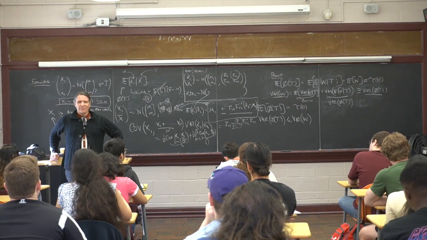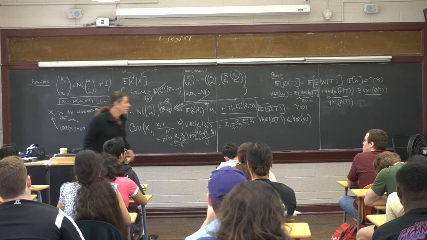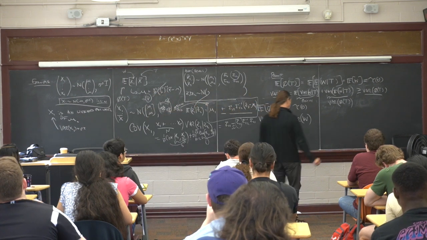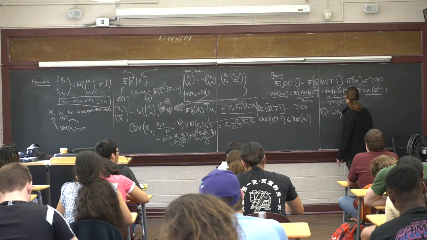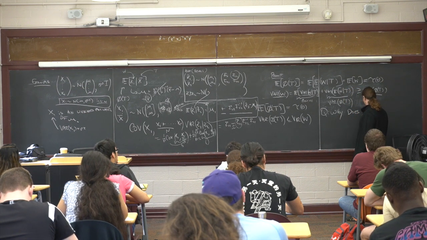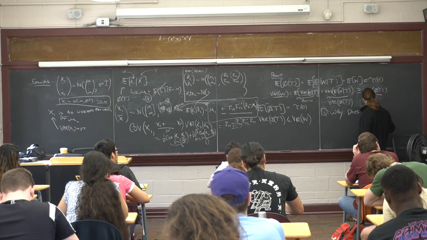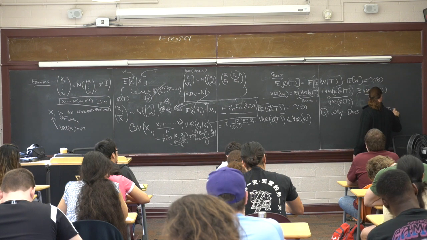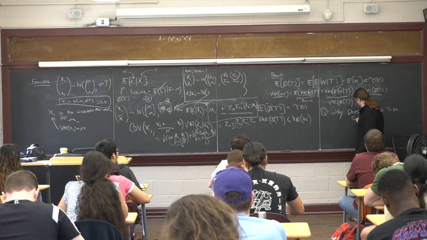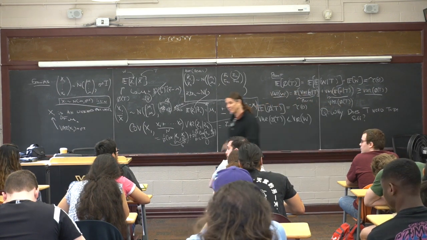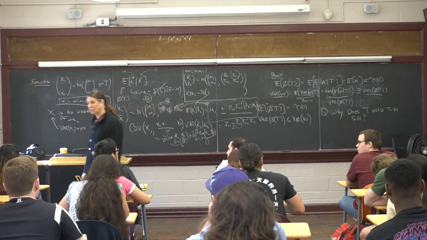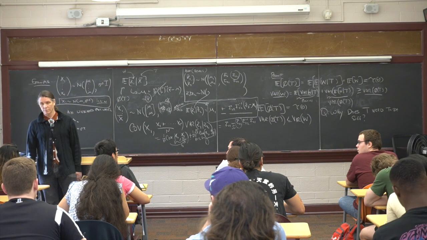So let me just ask a question. Why did T need to be sufficient? This could be a very good quiz question. The estimator must only depend on the data.